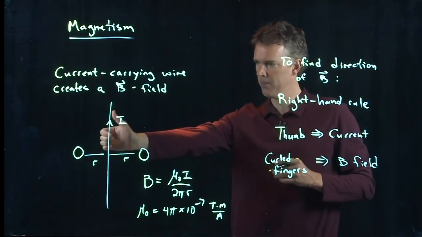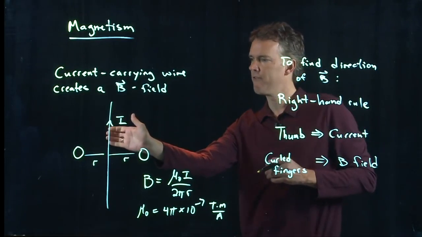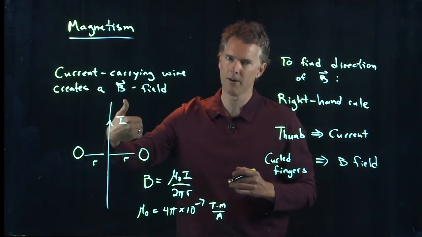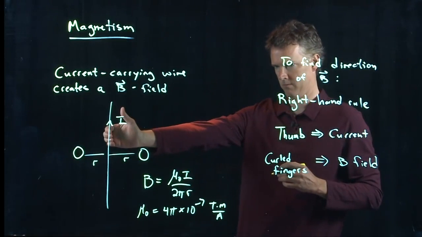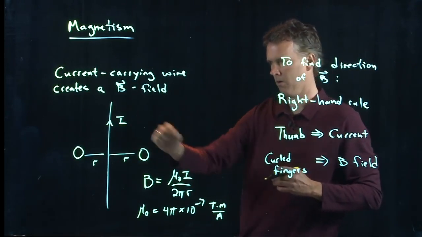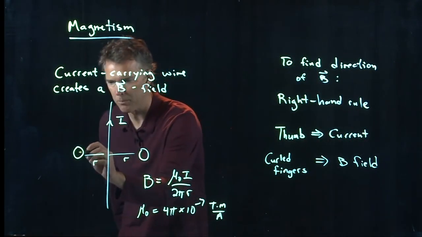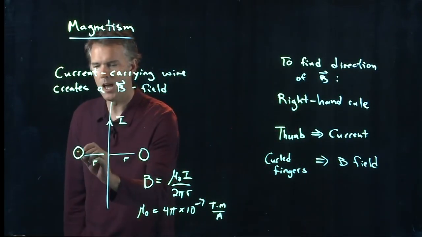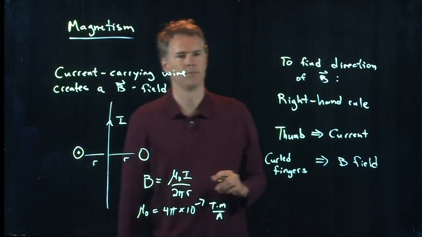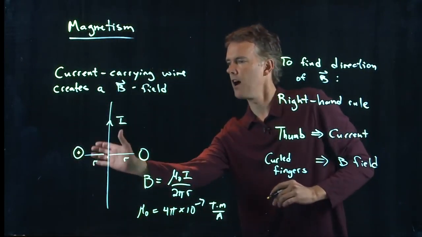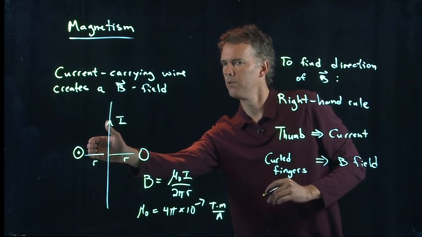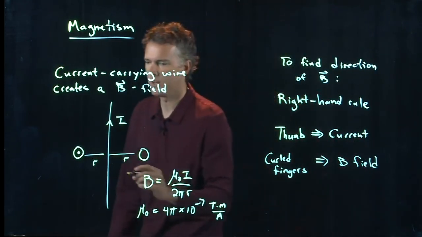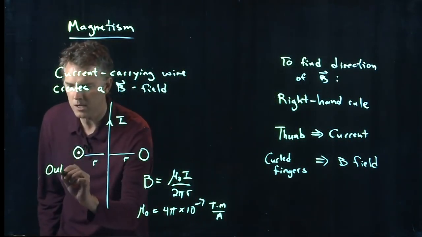And with your thumb in the direction of the current, your fingers are going to wrap around in the direction of the B field. So, on this side right here, should I put a dot or an X? I should put a dot, right? Because it's coming out towards you. Remember, dot means out of the screen.